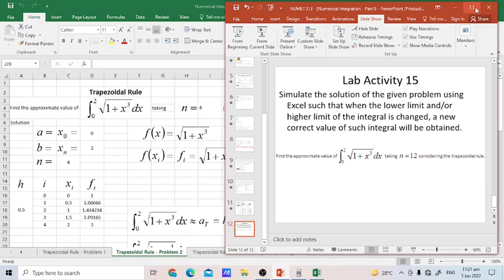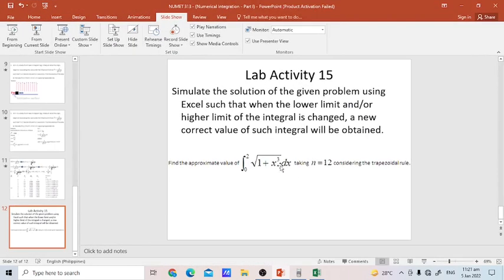Of course, it has a limitation. Inside the square root, it cannot be negative, right? The value inside the square root cannot be negative.